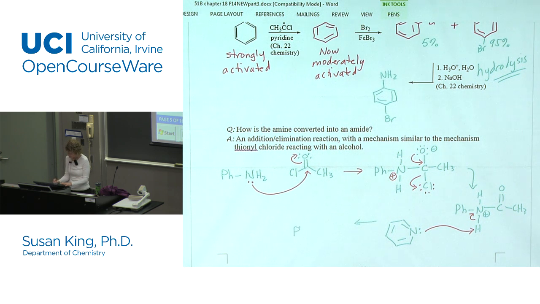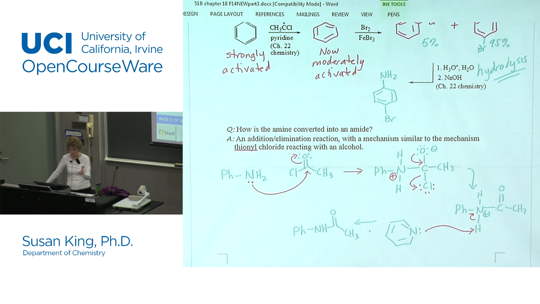So that's how we acylate. Definitely get it straight in your mind. To acylate the nitrogen, we use acyl chloride and pyridine. To actually put the acyl group on the benzene ring, to do Friedel-Crafts acylation, that's the acyl chloride and what?